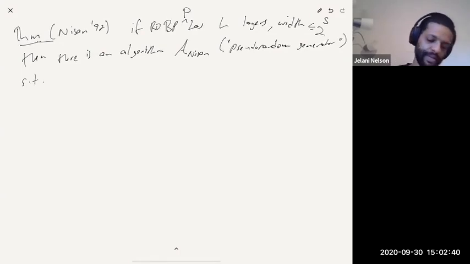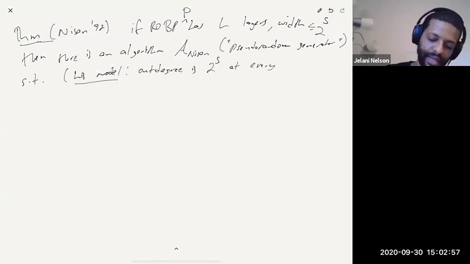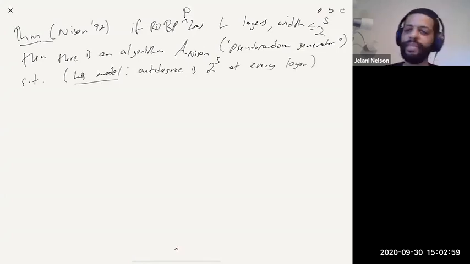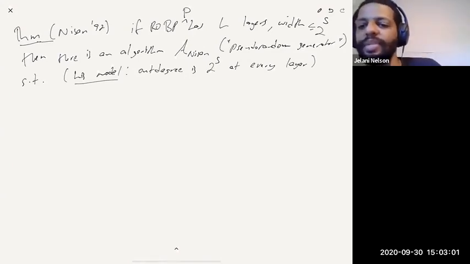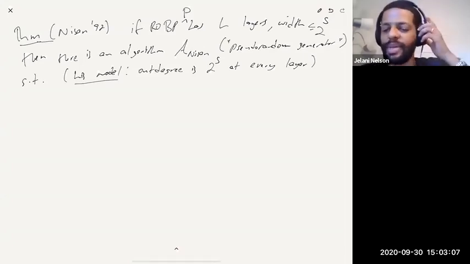Such that, in his model, the out-degree is 2 to the s at every layer. So he's imagining that you're not just reading 1 bit at a time, but you're reading s bits at a time. Since you're reading s bits at a time, there are 2 to the s out arrows depending on what you just read.